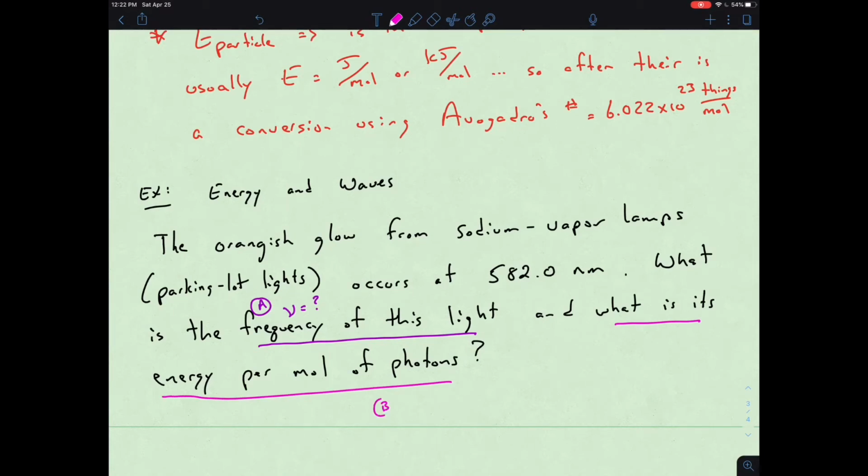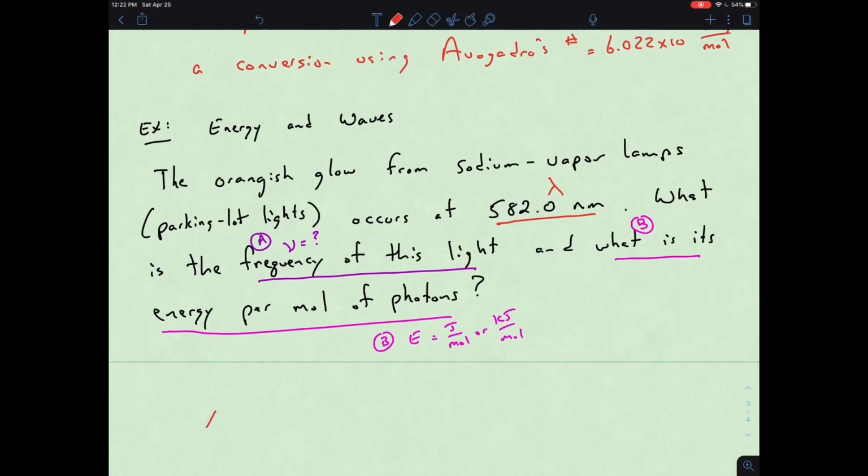And so that would be going to B, where we would want to have that energy on a per mole basis. So that would be part B. What are we given? Well, we're given wavelength. We know what our wavelength is actually equal to.